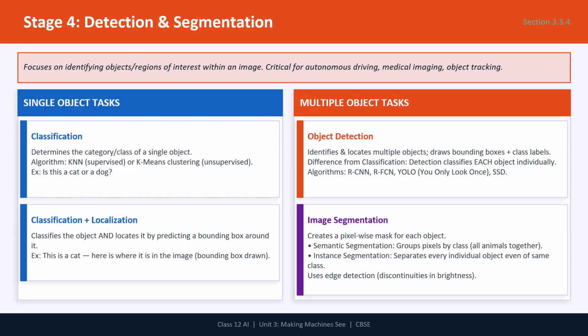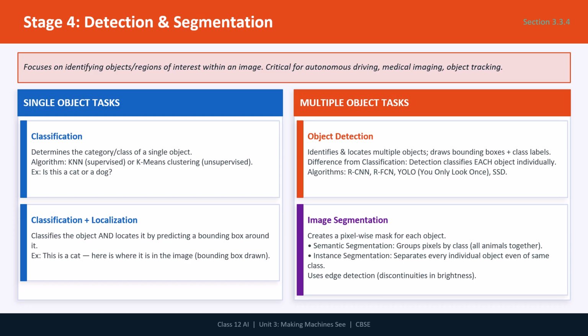Image segmentation goes even deeper. It creates a pixel-wise mask for each object. Two types: semantic segmentation groups pixels by class, all animals together regardless of which animal. Instance segmentation separates each individual object. Dog 1 gets one mask, dog 2 gets a different mask, even though both are dogs.